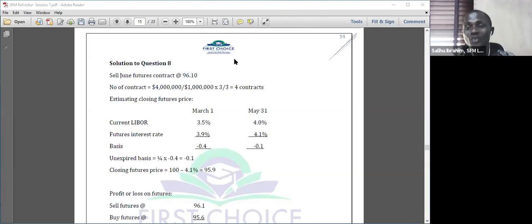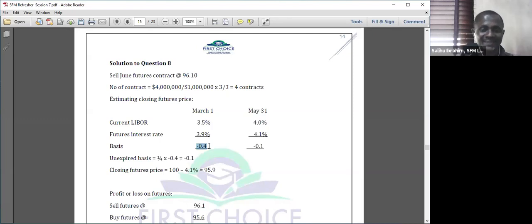I told you the two will sum up to 100, isn't it? So 3.9 is the futures rate. The difference between the current LIBOR and the current futures rate is what we call the basis. That's our total basis.